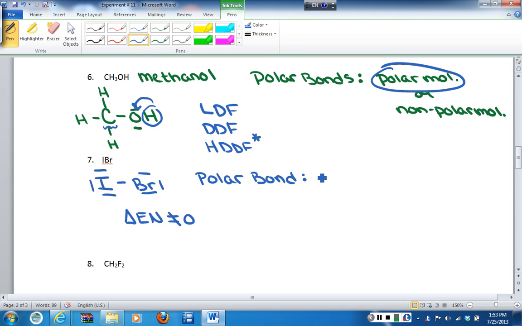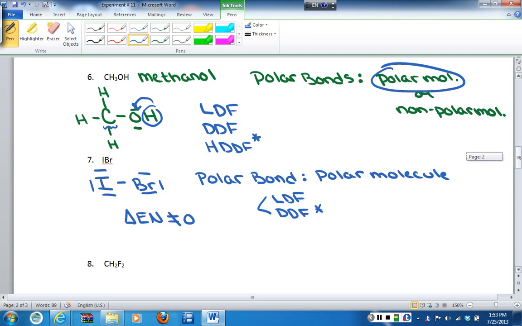Therefore, we know that we have a polar molecule. And since we have a polar molecule, we know we have London dispersion forces present, dipole-dipole forces present. We have to check, do we have any hydrogens bound to an oxygen, nitrogen, or fluorine? And with this one, we do not. So these two are the only intermolecular forces present, and we know that the dipole-dipole force is the strongest.